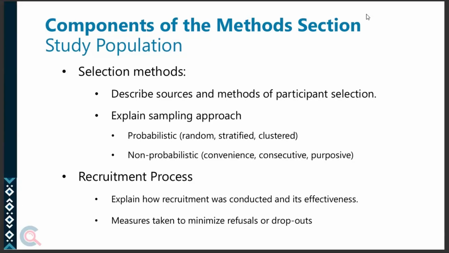Or was it clustered? If it was non-probabilistic, was it convenience sampling or consecutive or purposive sampling? That should be clear from your study, as well as the recruitment process. Explain how the recruitment was conducted and its effectiveness, and the measures that were taken to minimize refusals or dropouts. That should be clearly stated in your method section.